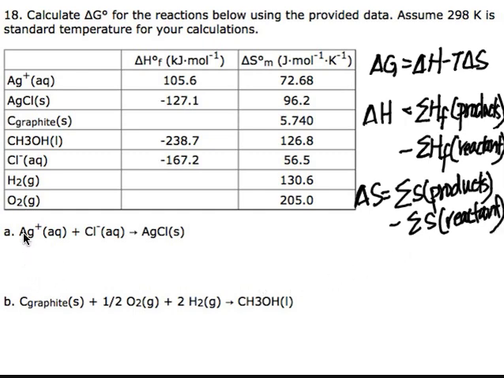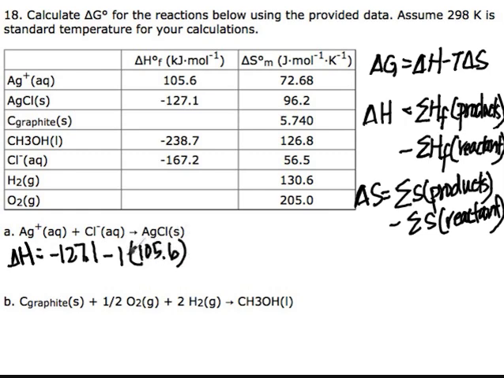Okay, so for this first one, let's look at the table. So to calculate delta H, we have minus 127.1. Okay, and then we have minus 1 times 105.6.